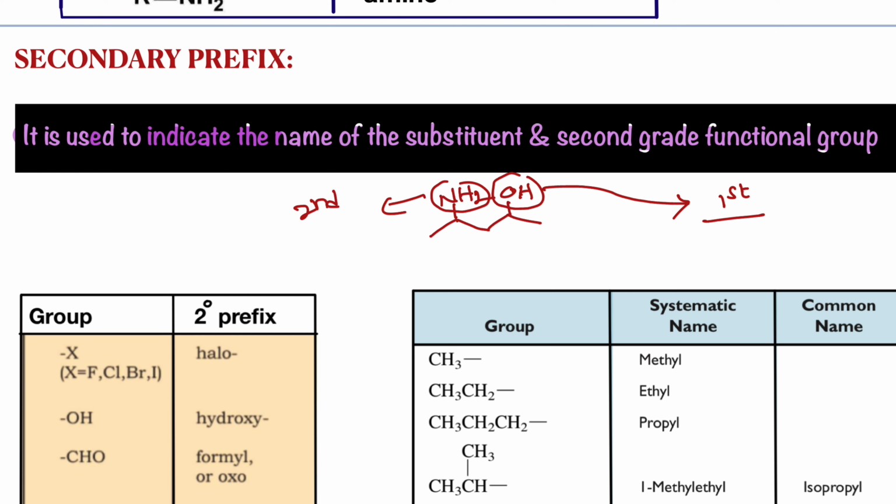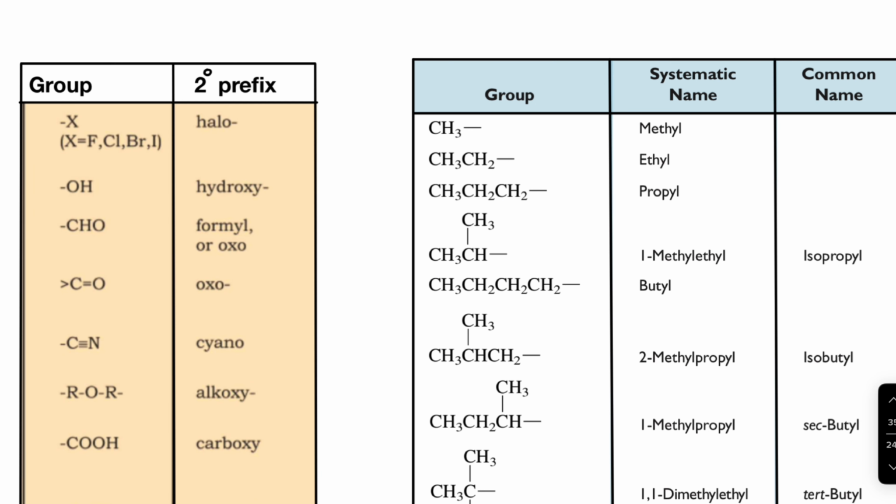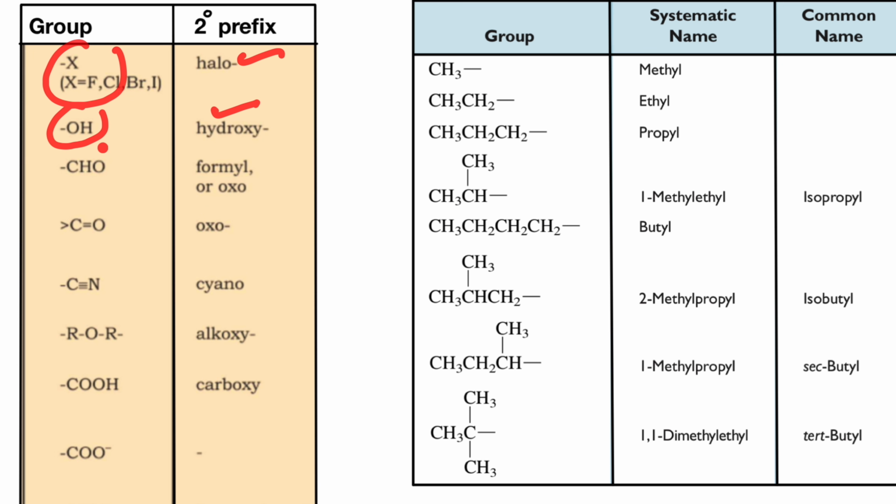But in IUPAC rules, one of the rules you will get is the sequence rule. There you will be learning the order of priority. As of now, if you want to use a secondary prefix, you have to use: for halogen it is halo, for alcohol hydroxy, for aldehyde there are two names, formyl or oxo.